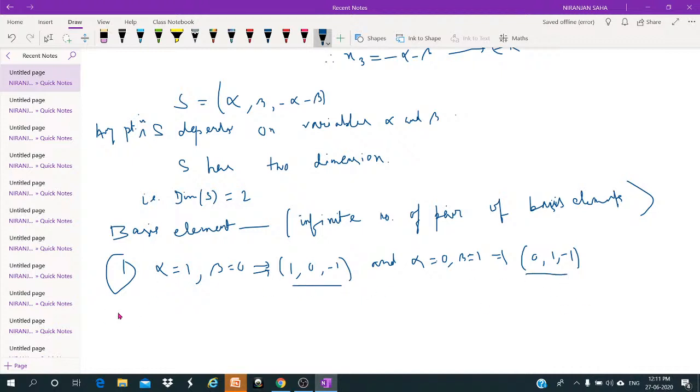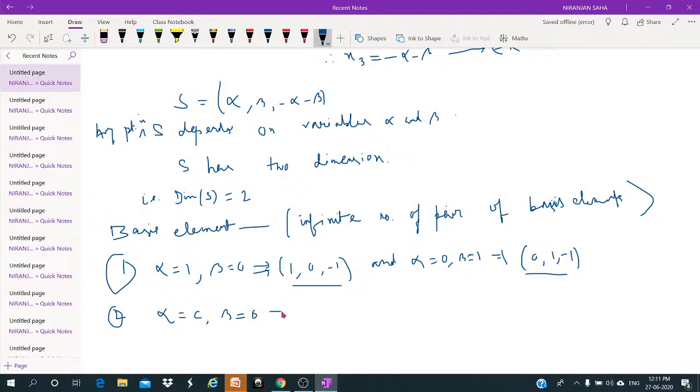Another, we can take an infinite number of them. In this way, we can take alpha equal to any value C and beta equal to 0.